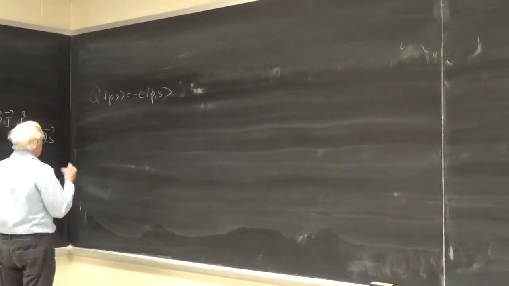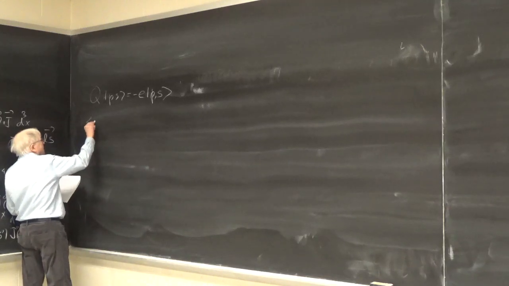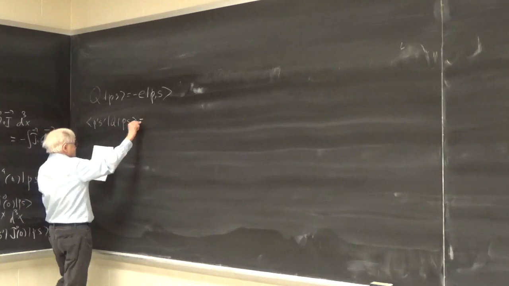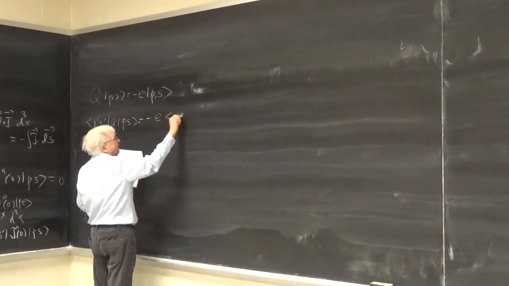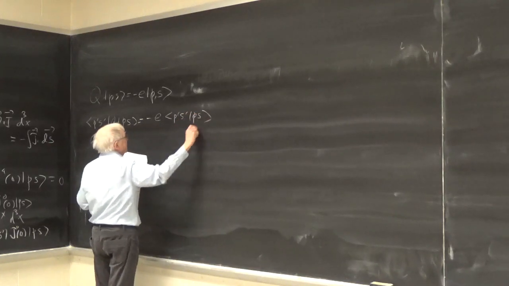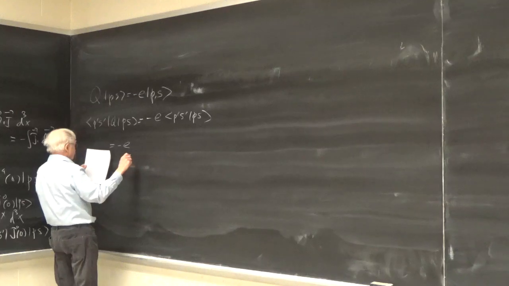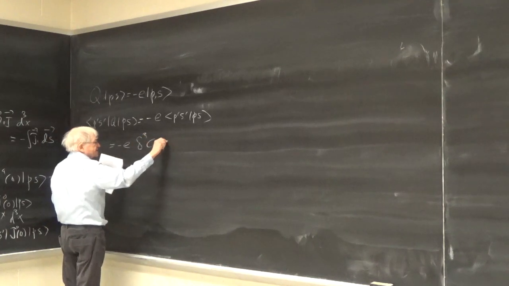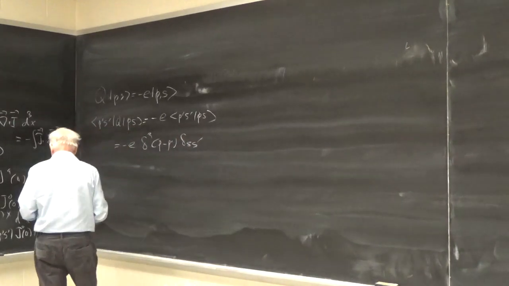And consequently, ⟨P'S'|Q|PS⟩ is minus e ⟨P'S'|PS⟩, and this is equal to minus e δ³(P-P') δ_{SS'}.